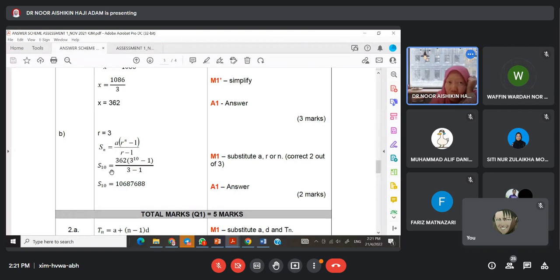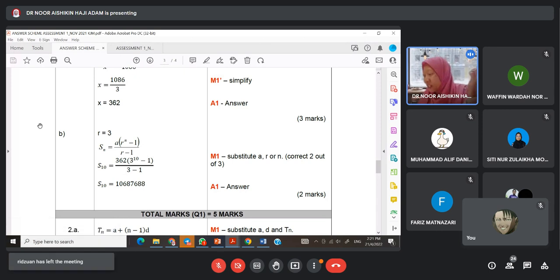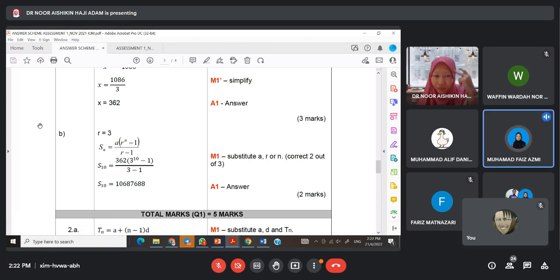Oh, terbalik. Yeah. So please be careful. N means? What does N mean, class? Adib? Number apa? Class, siapa tahu? What is N? Faiz? Number of terms. Yes, number of terms. How many terms?